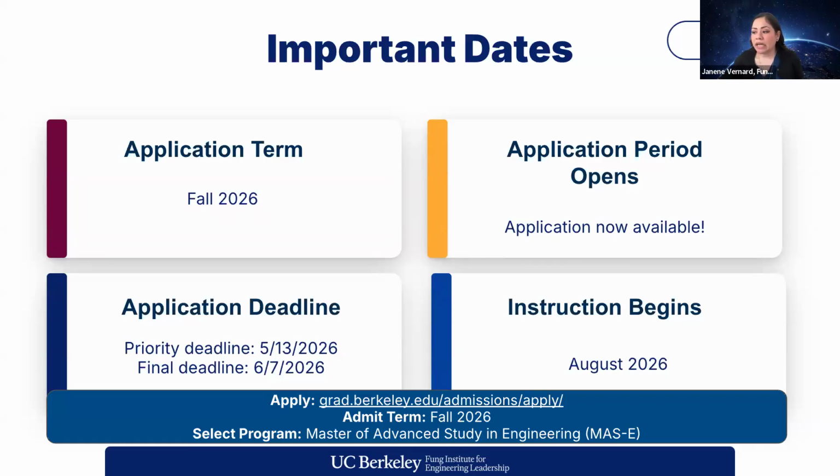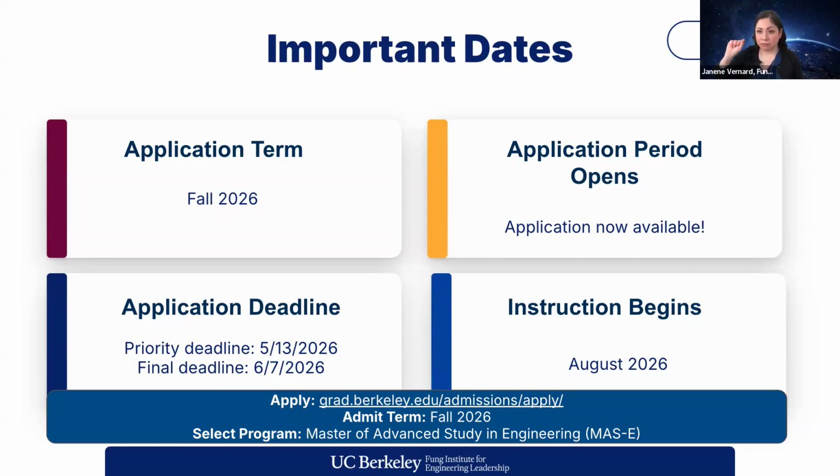And the priority deadline has a couple of benefits. So we will talk about a fee waiver shortly, but we will be offering fee waivers to the first 30 people who submit their application but don't pay. I believe you can submit, and then later the system will prompt you to make a payment.